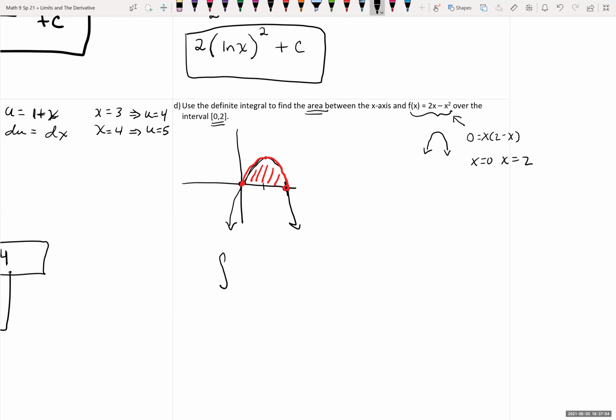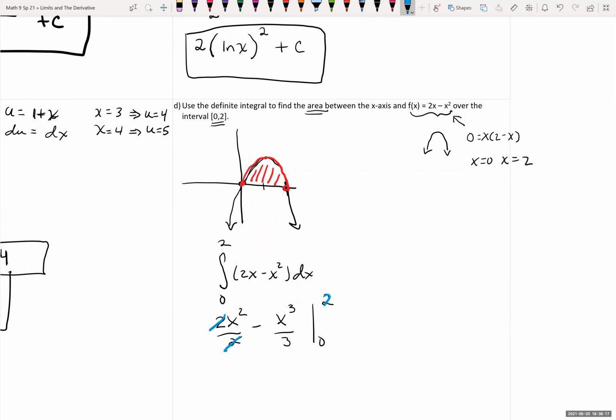So we're looking at the integral from 0 to 2 of 2x minus x squared dx. Straight integration. Antiderivative of 2x is 2x squared over 2 minus the antiderivative of x squared, which is x cubed over 3, evaluated from 0 to 2. 2's cancel there.